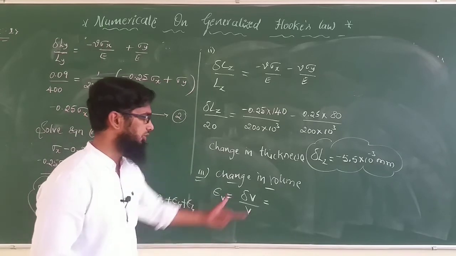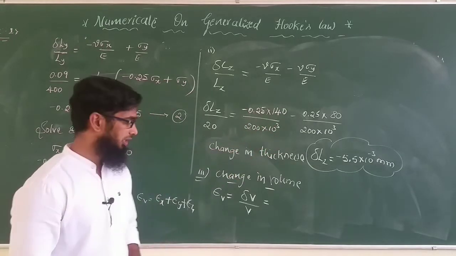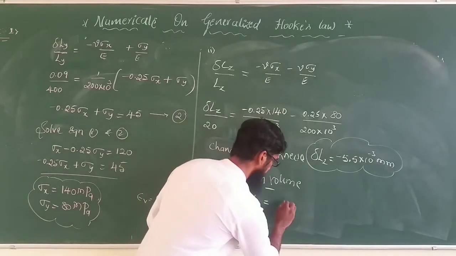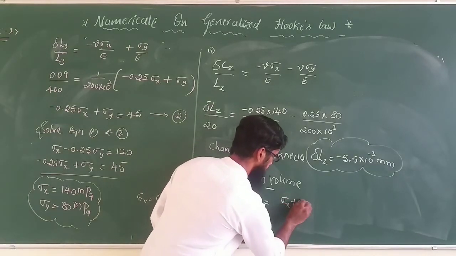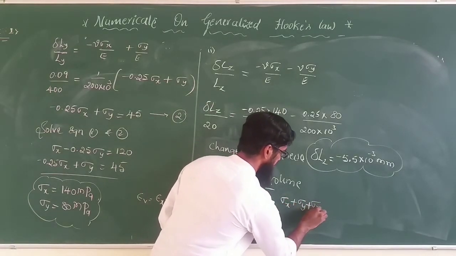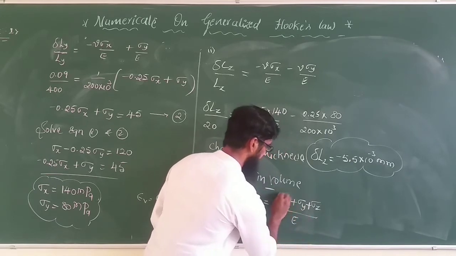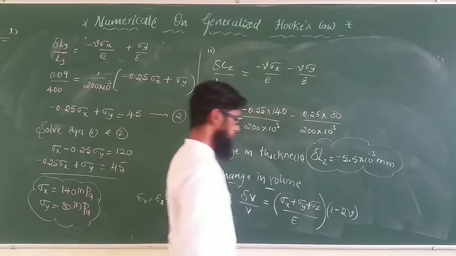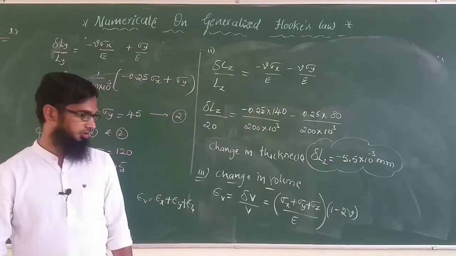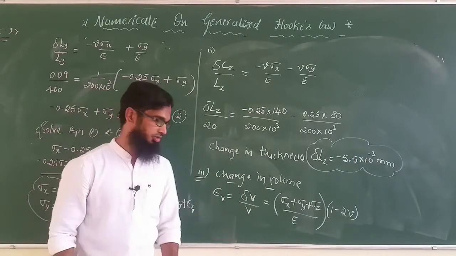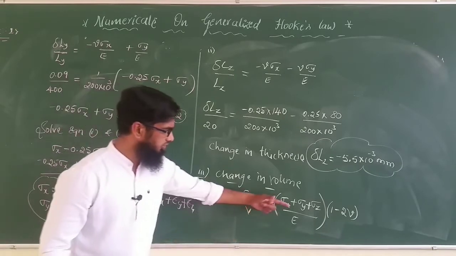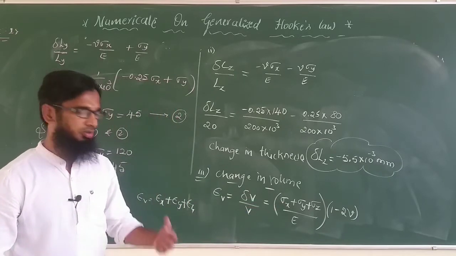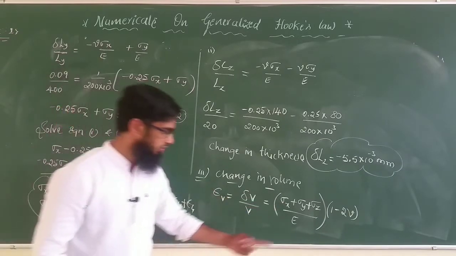So in this equation, if I take all these 3 generalized Hooke's law equations, what I am getting here is sigma x plus sigma y plus sigma z by E, into 1 minus 2 nu. So this is the volumetric strain for the member, for a 3-dimensional case. Now if I substitute the values, I am going to get the change in volume.